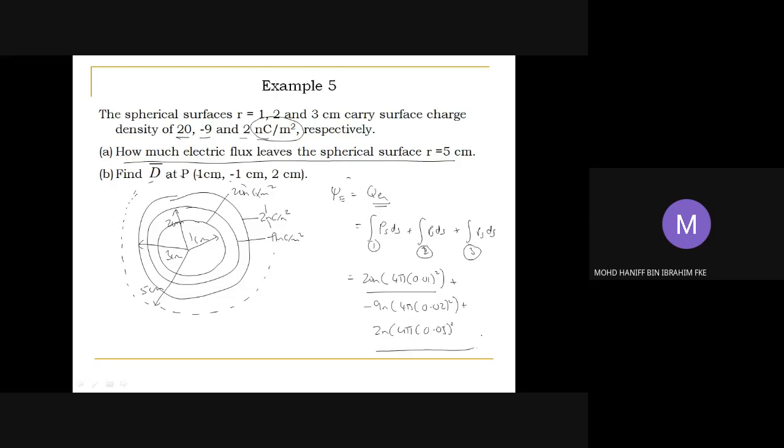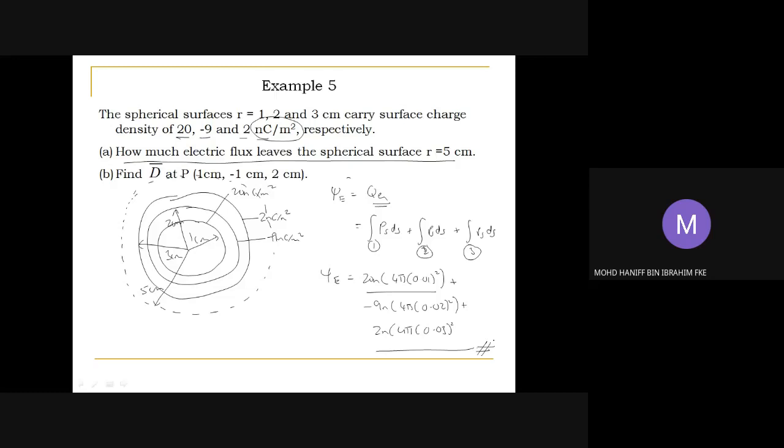That should be the amount of charge contained inside the 5 centimeter sphere, and that charge amount is equal to the flux leaving the 5 centimeter sphere. So that is the answer for part A of this question.